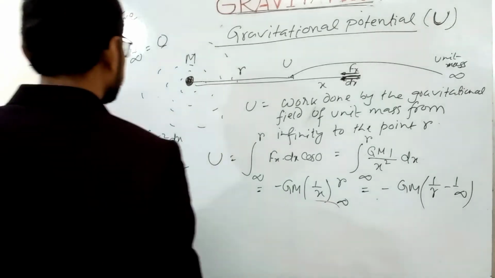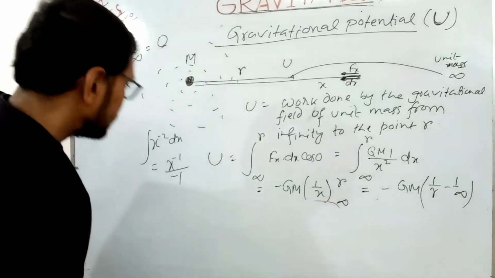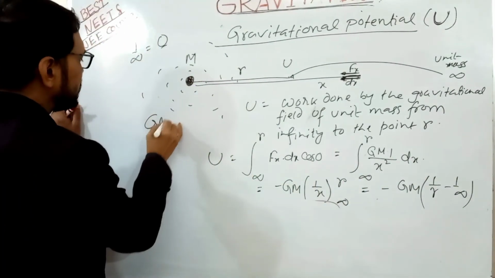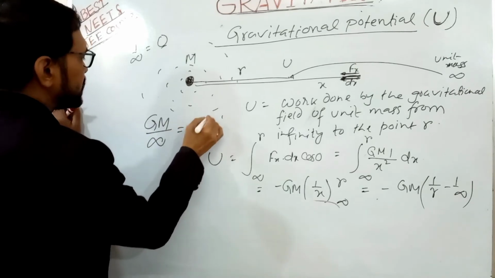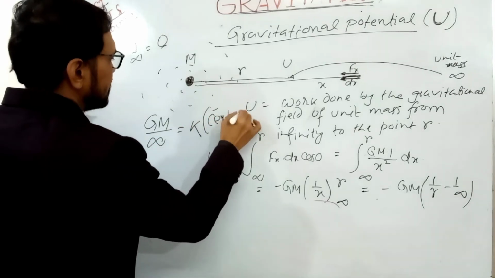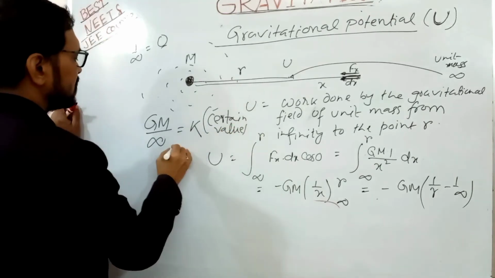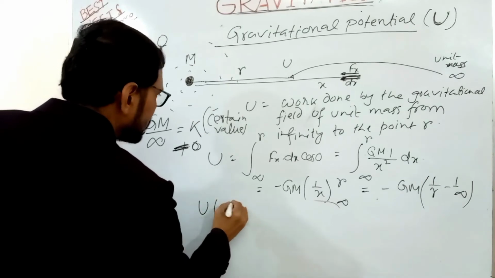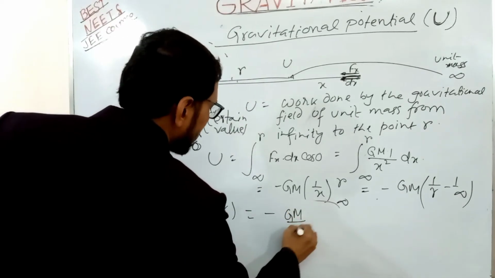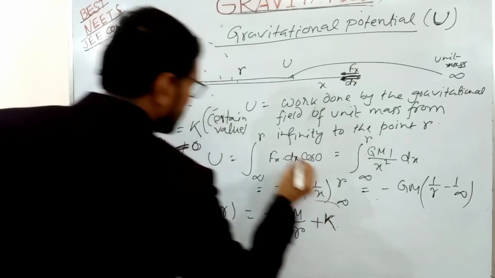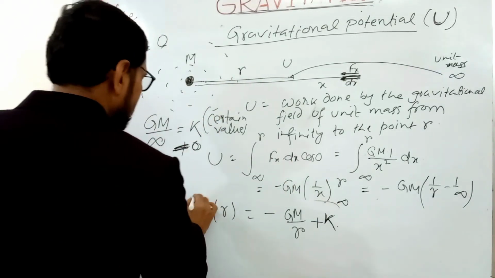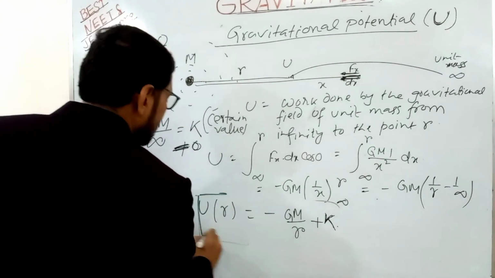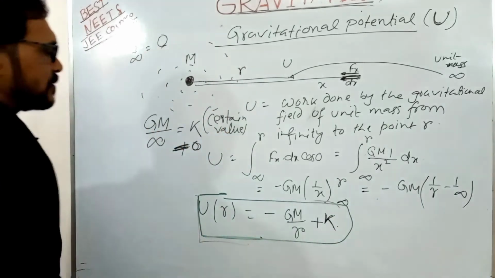Now what is the actual formula of u(r)? If we consider that GM by infinity is a certain value k, not equal to 0, then the result comes: u(r) will be minus GM by r plus k.